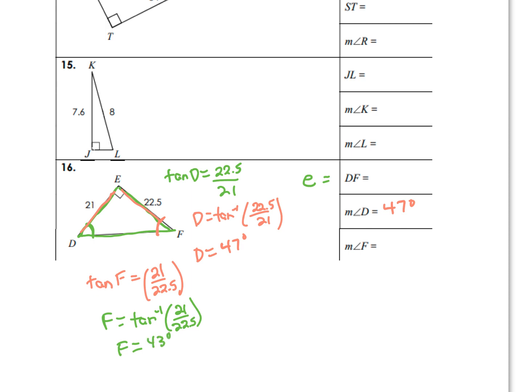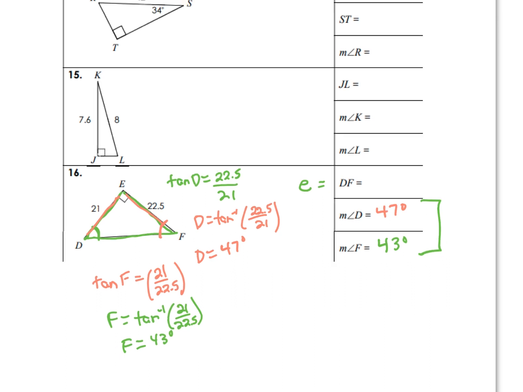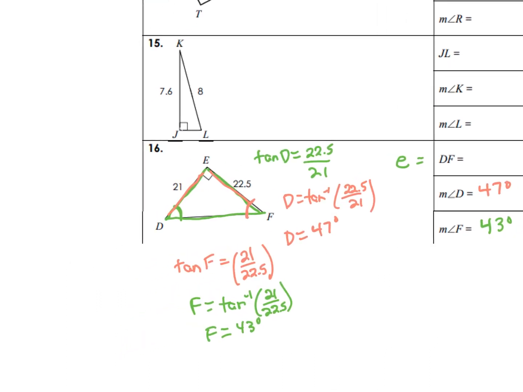So angle F gives us 43. Now here's the reason why I'm doing that, because now I can use that as a check, and I can check to see, does that add to 90 degrees, and it does. So it's checking and verifying that I'm correct on that. I know I've not made a mistake, right? All right, we've got to do Pythagorean theorem to get that other side. So 21 squared.